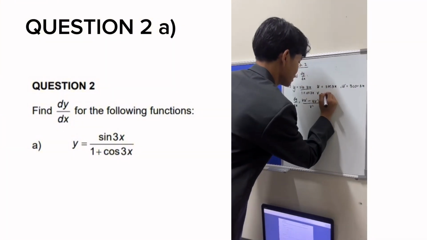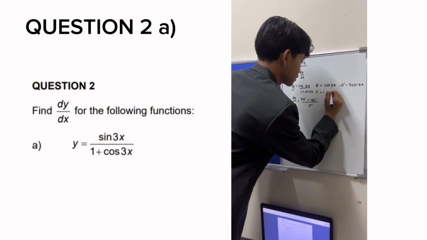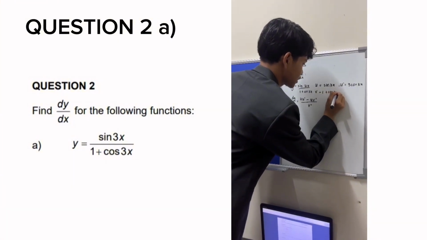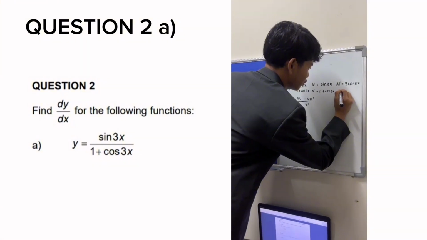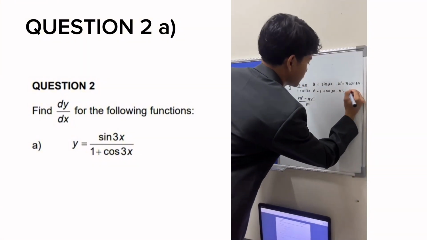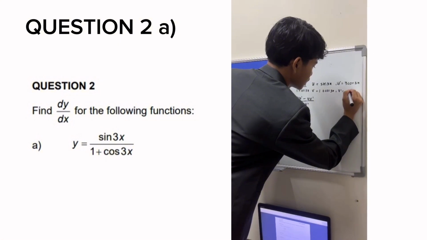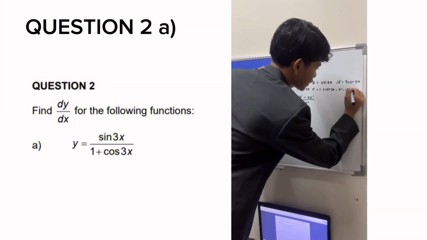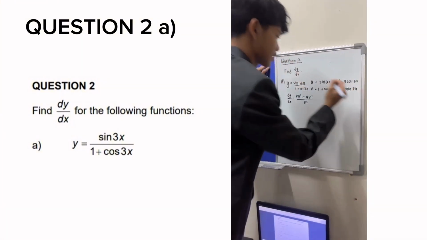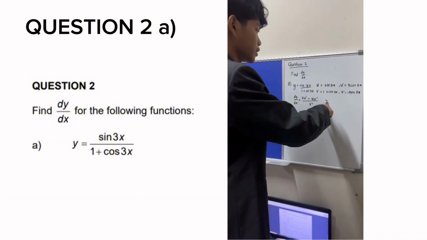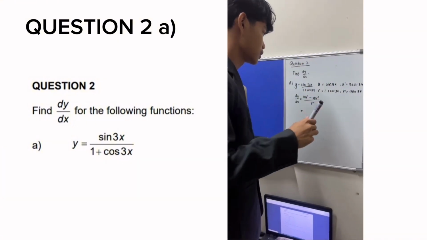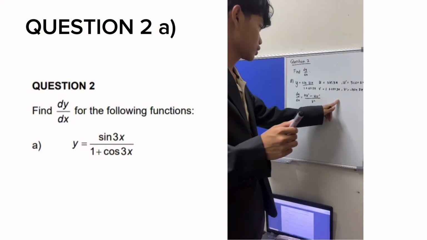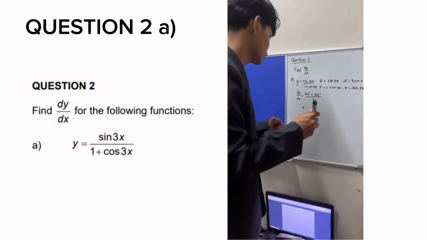And v is 1 plus cos 3x, which v prime is negative 3 sine 3x. Once you gather the information we need, you can substitute it into the formula.